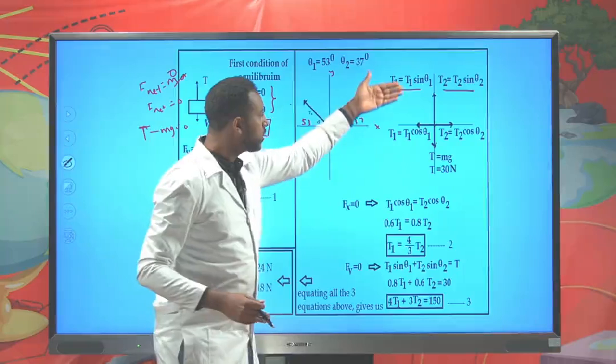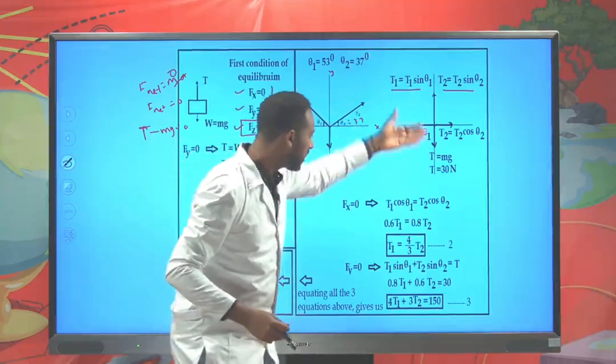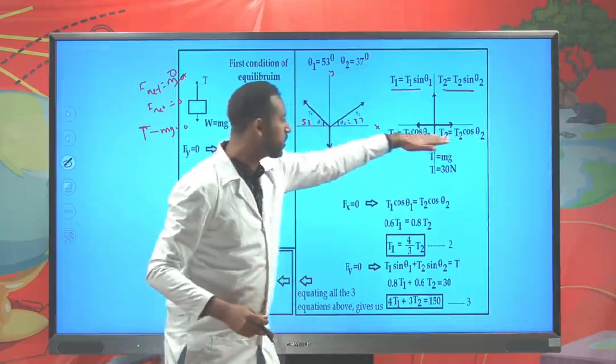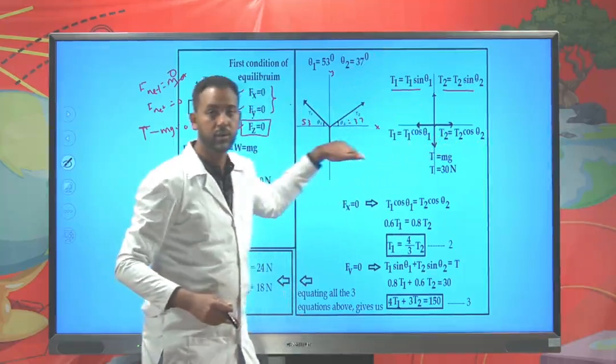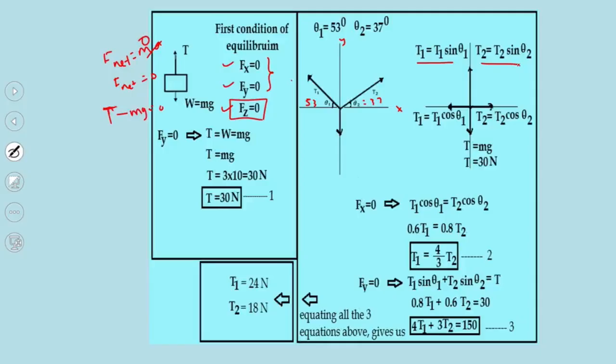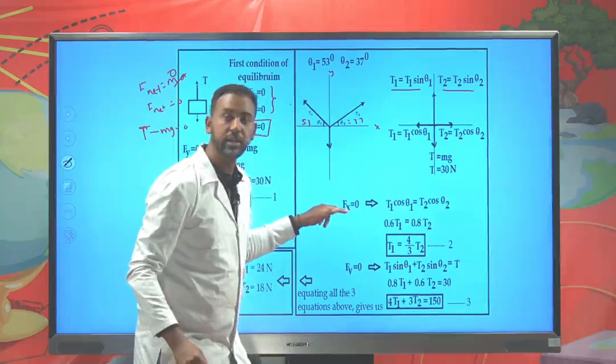At last, you have only force components acting along the x-axis and y-axis. The first law of equilibrium states that the net force along the x-axis should be 0, and the net force along the y-axis must be 0. What are the forces acting along the x-axis?